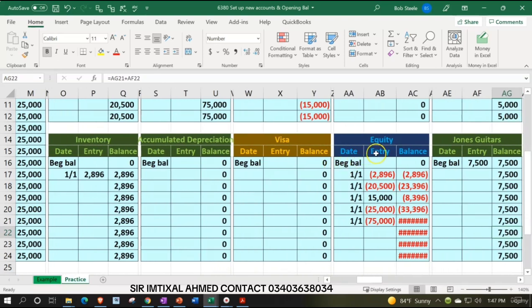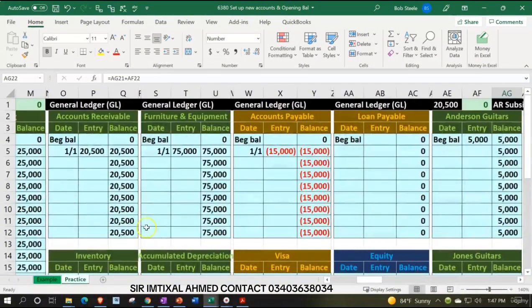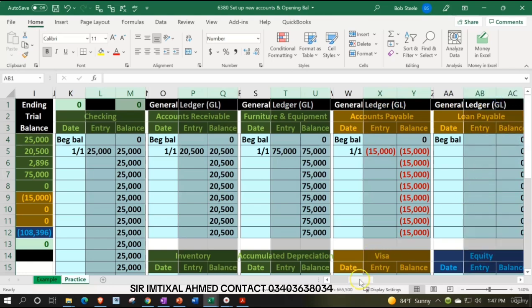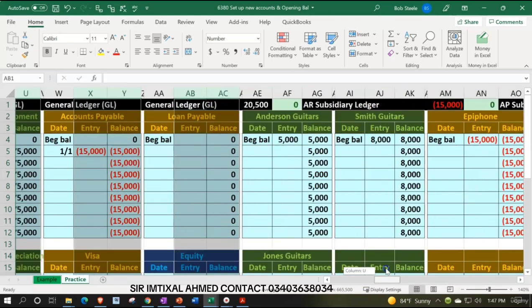This cell's a little too small. I should widen all of these cells because they should be able to accommodate it. So I'm going to try to format as we go here. I'm going to select these two cells, and then I'm going to hold down Control, and then these two cells, let go of Control, hold down Control, these two cells, let go of Control, and then I think that's it.